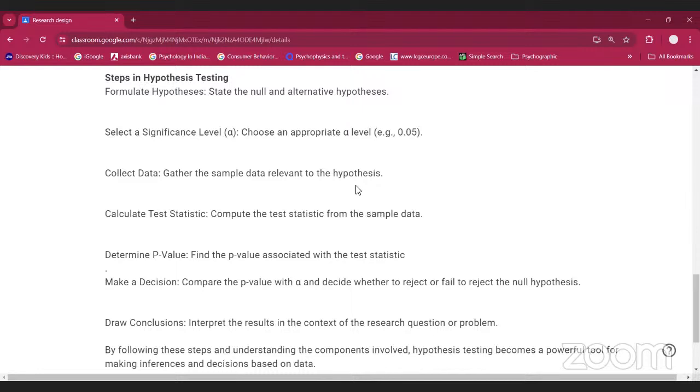P-value means probability value. So if you have the test statistic but you do not have the p-value, it does not carry any meaning for inferring the population. Suppose I am telling you 0.9, then you will ask me, what is this?